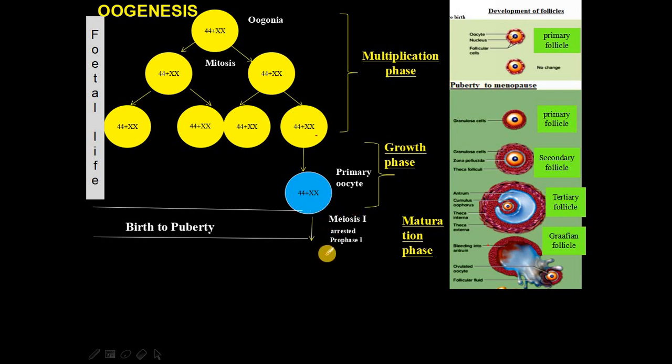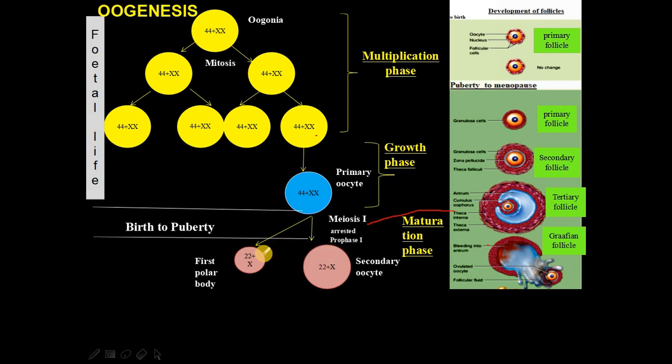The primary oocyte that was arrested at prophase 1 completes its meiosis 1 in the tertiary follicle, to form a secondary oocyte and first polar body.